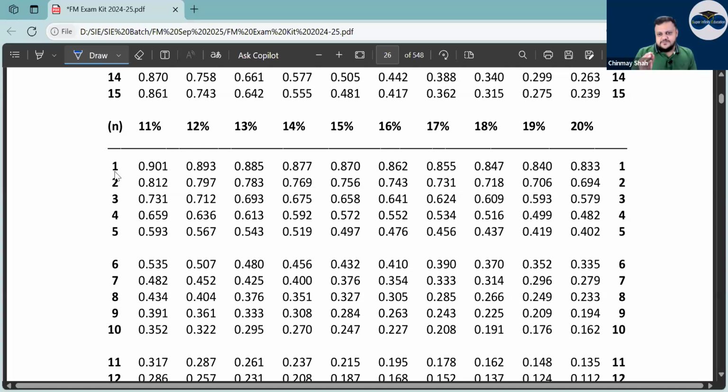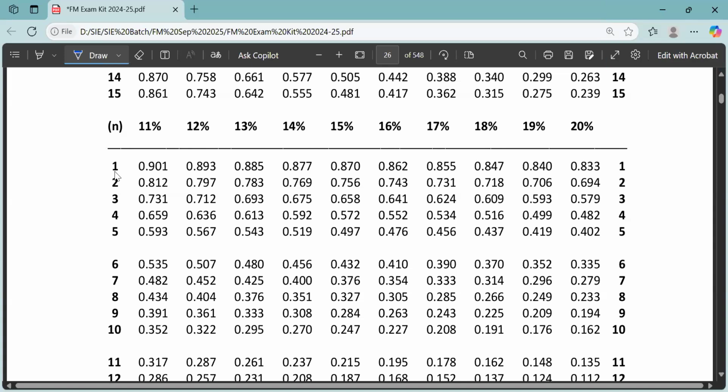That means, slowly and straightforward. If I ask you 100 rupees now, what is the value of 100 rupees today? Tell me. 100. But if I say I'll give you 100 after 1 year, compared to today, would the 100 rupees after 1 year be less value or more value?